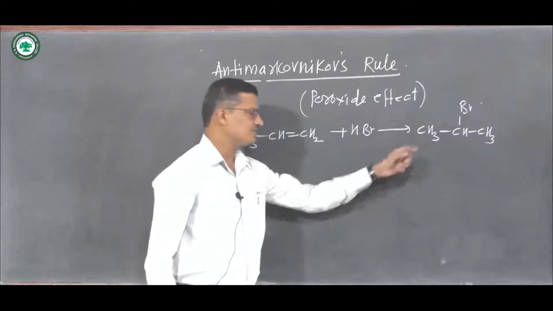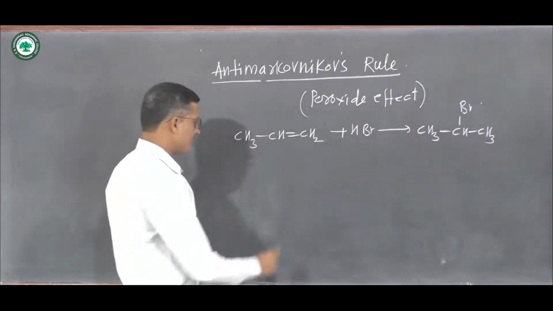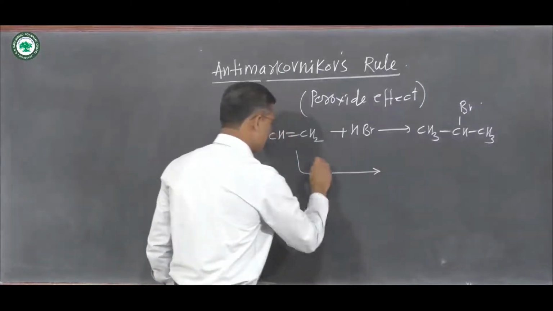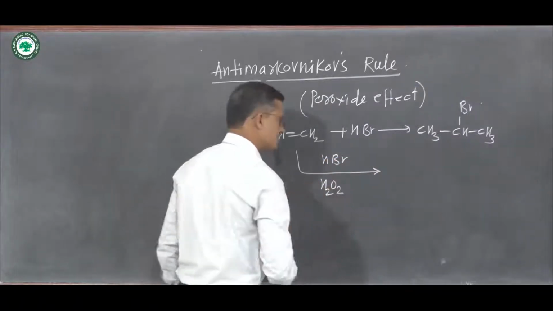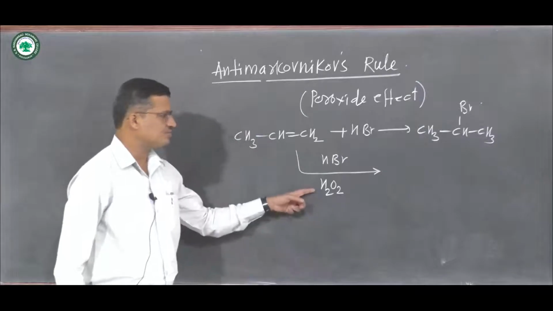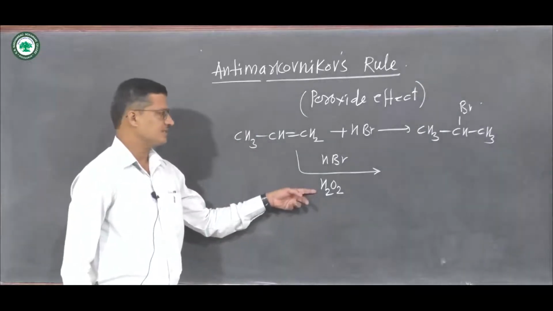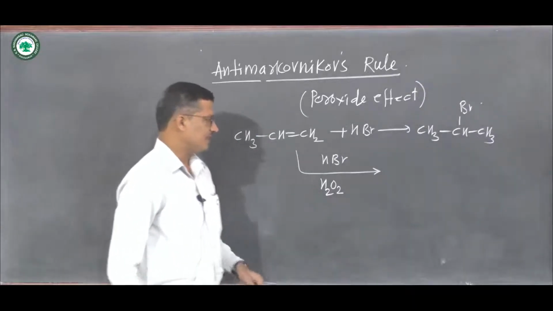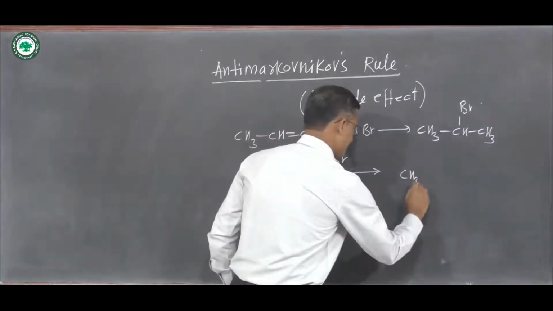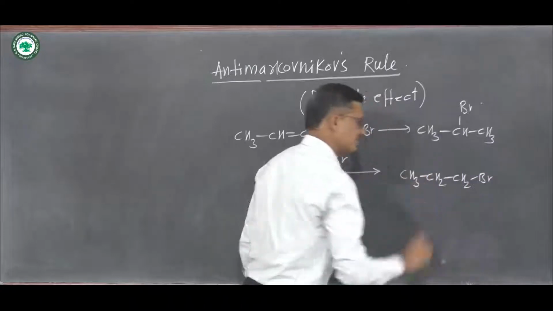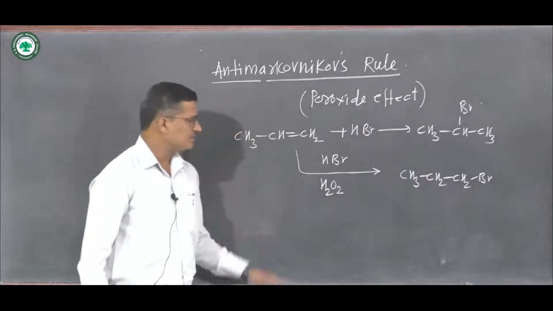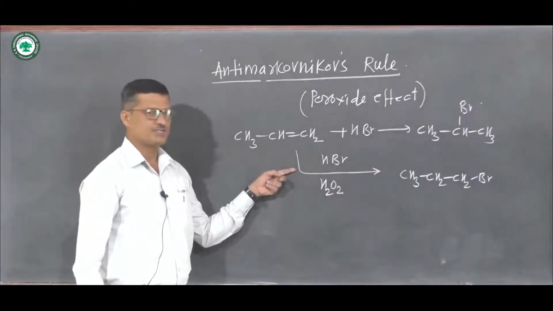But when you take the same starting compound, you take HBr, and the reaction takes place in presence of H2O2, peroxide, the product is different. When we write the major product, we get this, and this addition is according to the Antimarkovnikov addition.